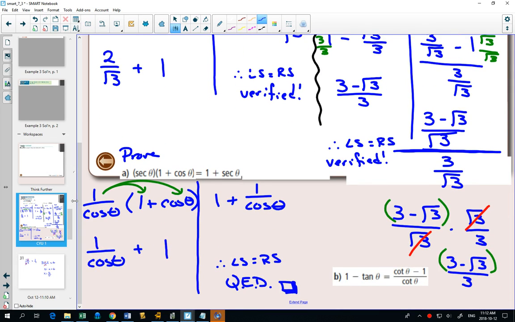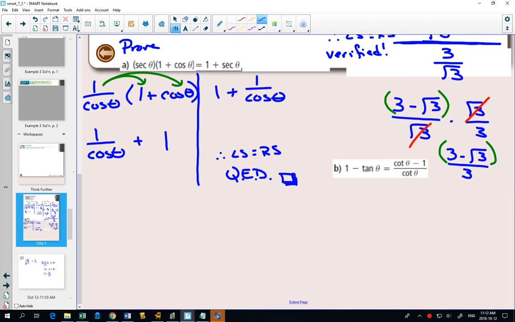Now we're going to prove this one. And in this proof, I'm going to introduce you to another strategy. Okay? In this one, I draw my line to do my proof. I could change tan to sine over cos, and I could change cotangent to cos over sine. And if I got both sides to be a single fraction, it would work perfectly.